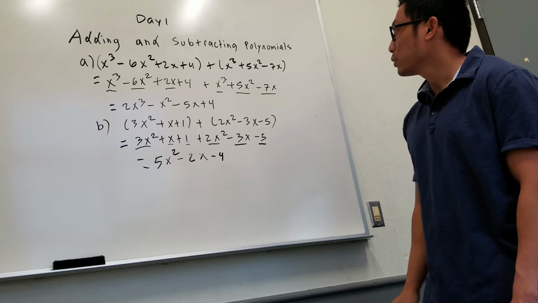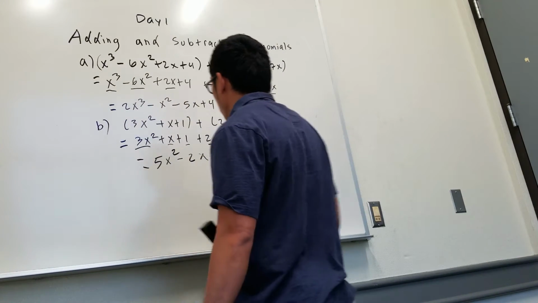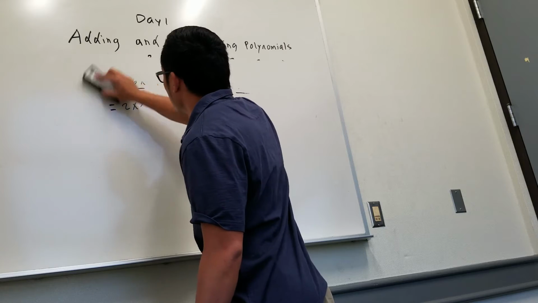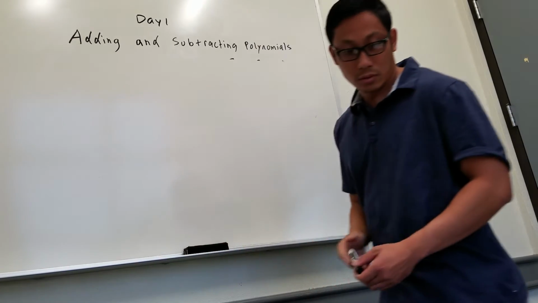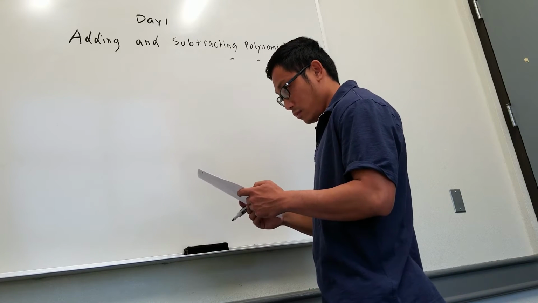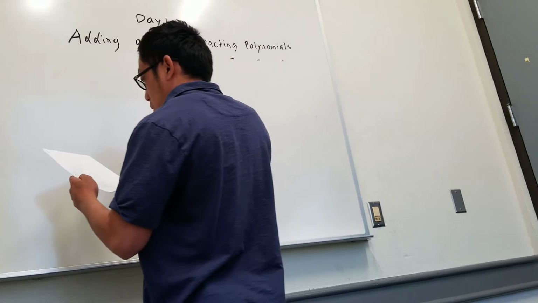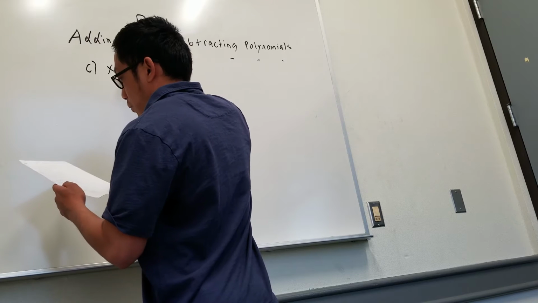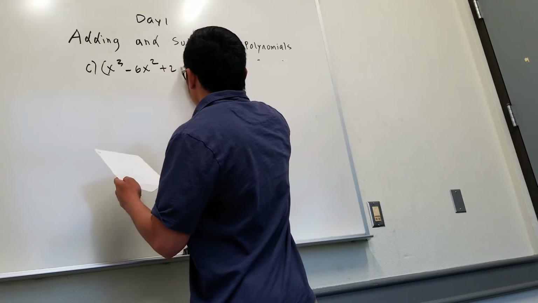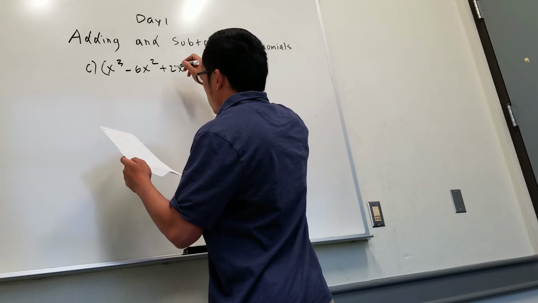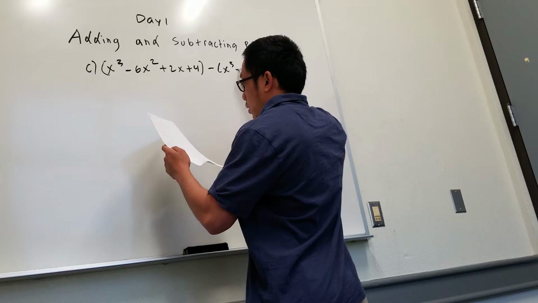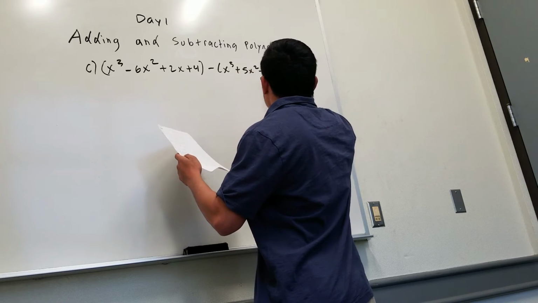So we're adding and subtracting polynomials. Now let's do the next one, C. x cubed minus 6x squared plus 2x plus 4, minus parentheses x cubed plus 5x squared minus 7x.